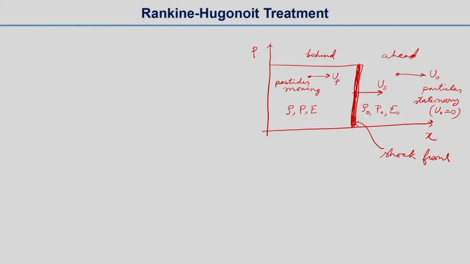Because this is the initial state, we write rho naught, P naught and E naught, and after the shock wave travels through this region, the density and pressure will change.